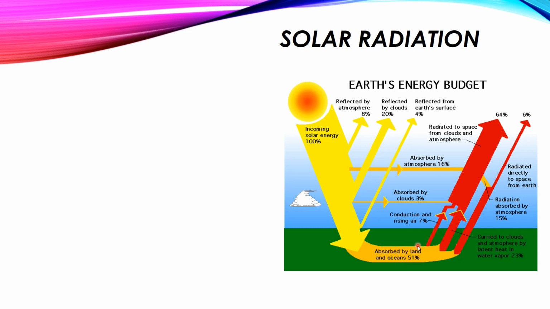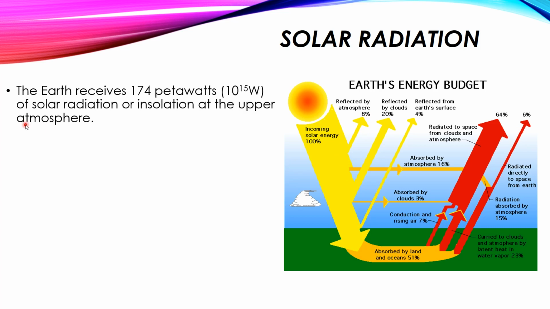Now you will find that this is the percent representing 30% of the energy, which is reflected from the atmosphere itself, and the remaining goes to absorption by the land, and part of it is radiated back to space.